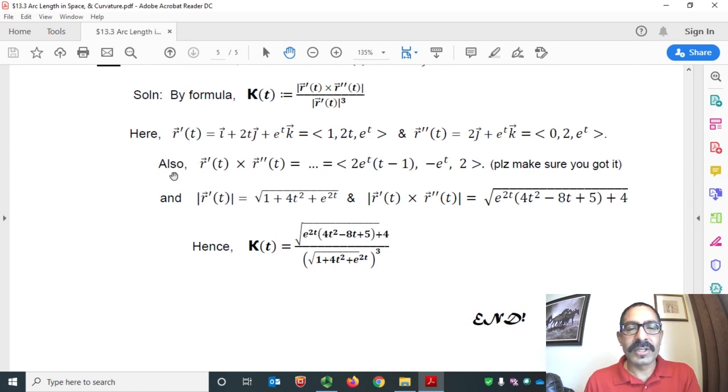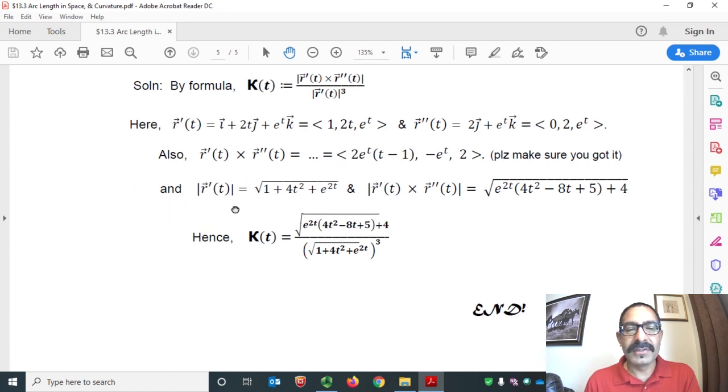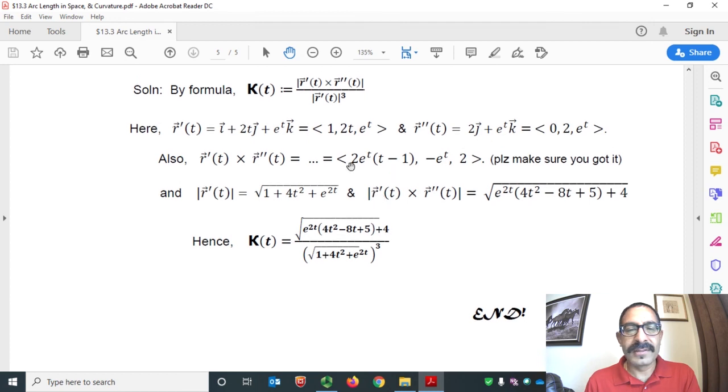Next, let's compute the cross product of r prime and r double prime, which turned out to be the vector with components 2e^t times (t minus 1), comma minus e^t, comma 2. Please make sure you got it. Next, let's find the magnitude of r prime of t. So the magnitude of r prime of t is here: under the radical, 1 squared plus (2t) squared plus (e^t) squared.